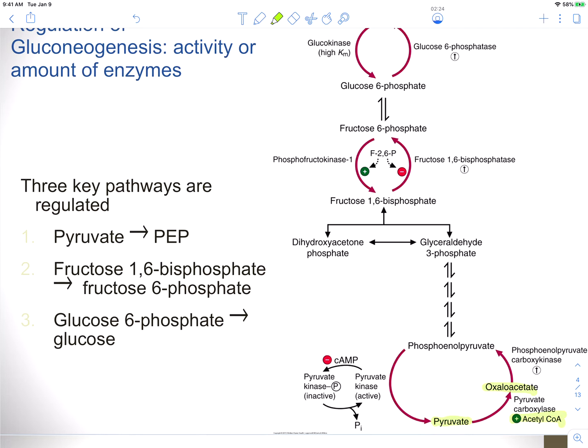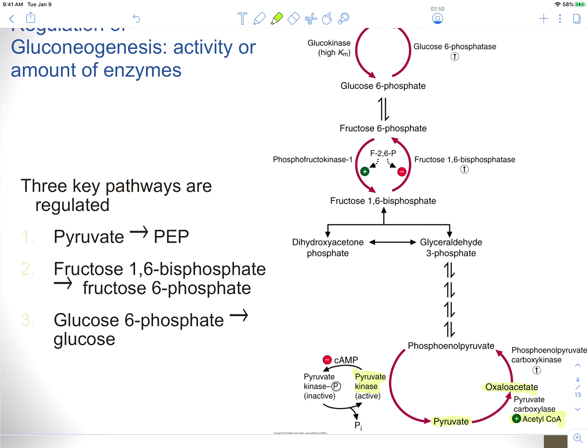So your pyruvate is going to become oxaloacetate, and then that's going to become phosphoenolpyruvate. Phosphoenolpyruvate will become pyruvate in certain situations as well. If you have a pyruvate kinase that's active, then you're going to reverse that and go back to pyruvate.